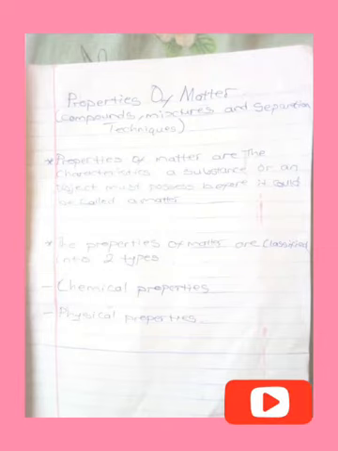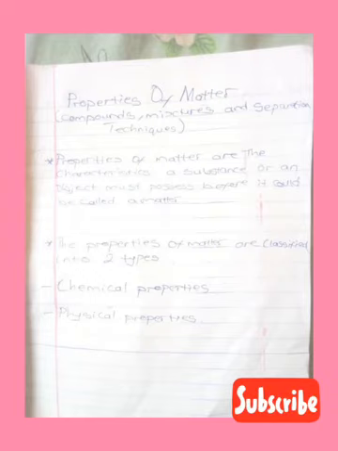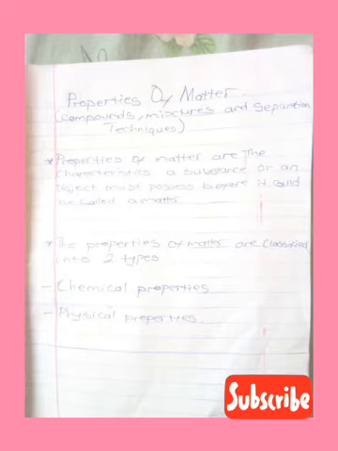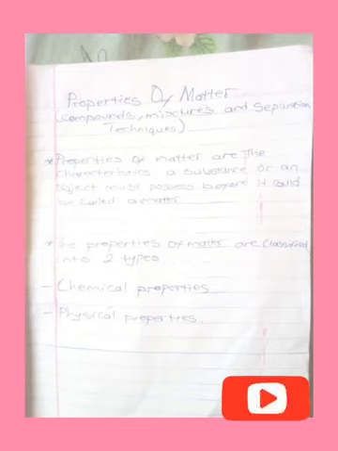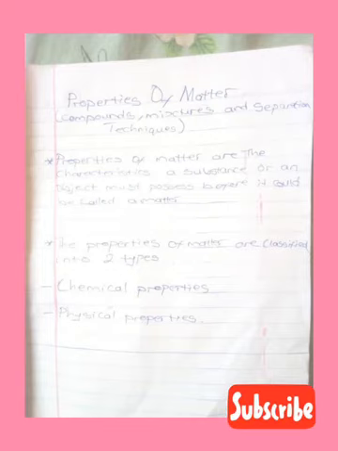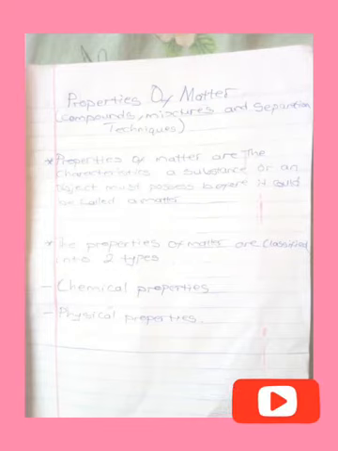Iron, for example, combines with oxygen in the presence of water to form rust. That is, when iron is dipped in water for a long time, the oxygen molecules in water will react or combine with the iron, and this makes the iron rust.